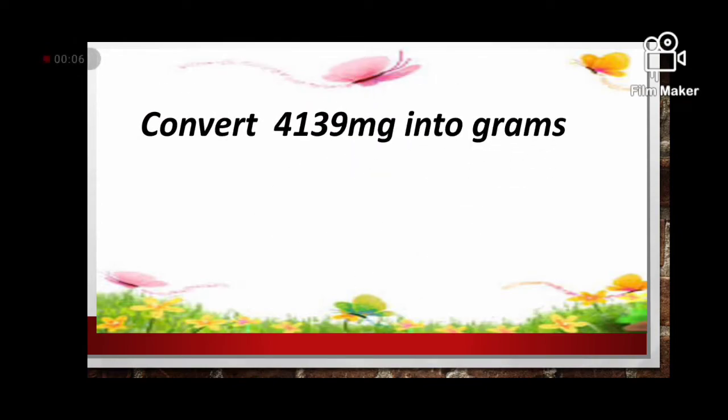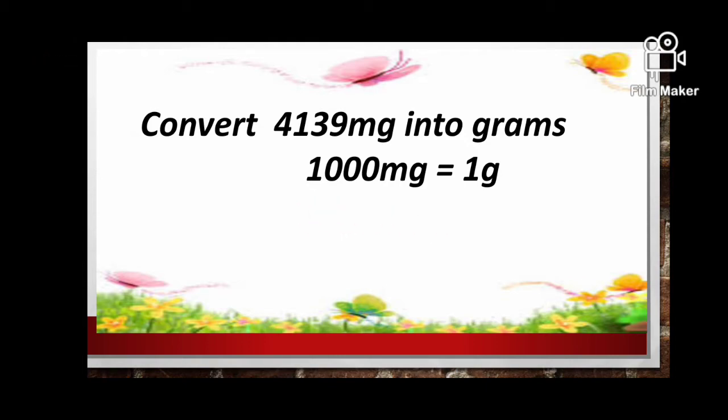Convert 4139 milligrams into grams. First, we all know 1000 milligrams is equal to 1 gram, and in this example 1000 is also the conversion factor, and when we convert a smaller unit to the bigger unit, we have to divide.